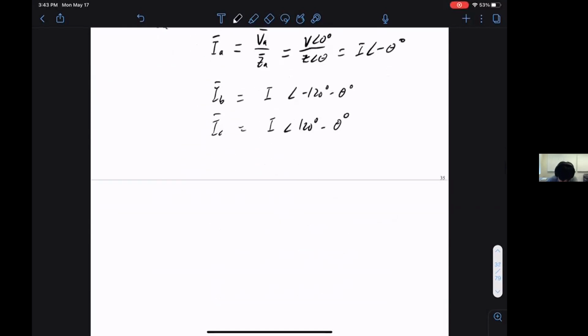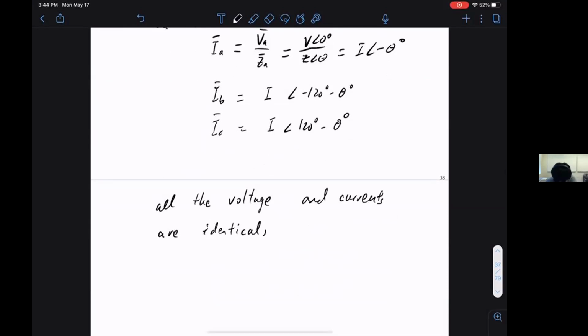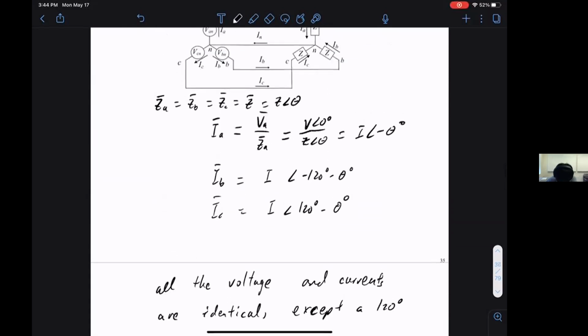So here we have all the voltages and currents identical except for a 120 degree phase shift.